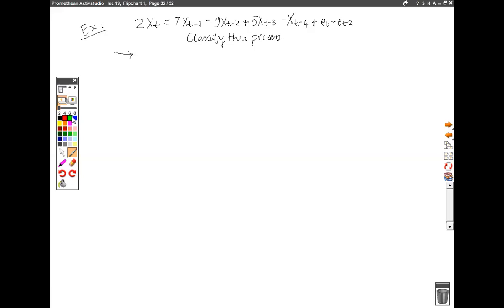So I can take my 2X_t minus 7X_{t-1} plus 9X_{t-2} minus 5X_{t-3} plus X_{t-4}, and that will just be equal to e_t minus 2e_{t-2}. Now again I can use my backshift operator to rewrite these terms. So if I have X_t here, what will I have here? It will start with 2 minus 7B plus 9B squared minus 5B cubed plus B raised to 4, right?